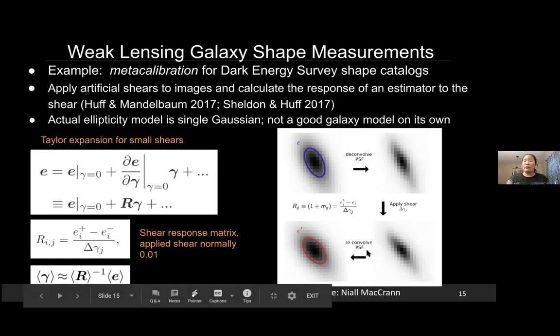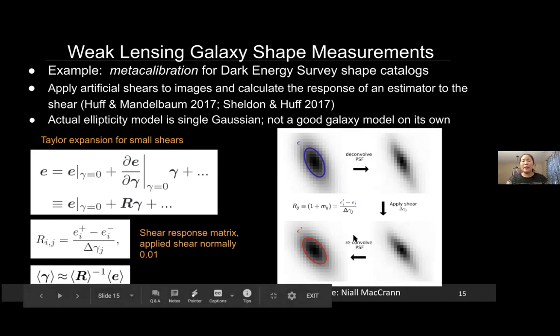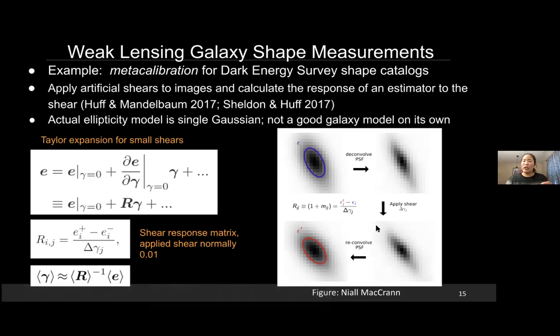Then you reconvolve the PSF, and you get this epsilon prime, which is the ellipticity that you measure after applying this artificial shear. And then you can also apply a negative shear. So you can go through this process again. And then you have these two different ellipticities that are measured for different applied shears.